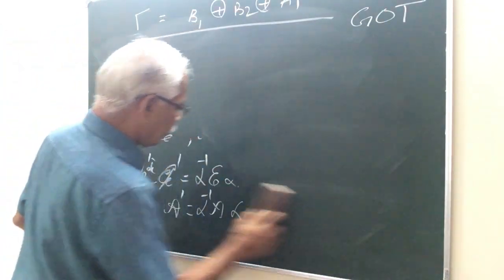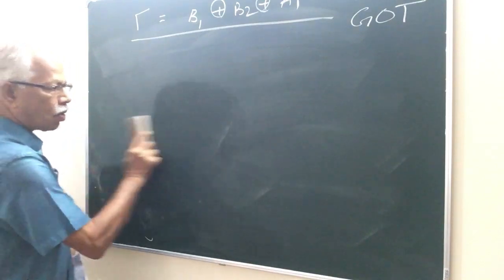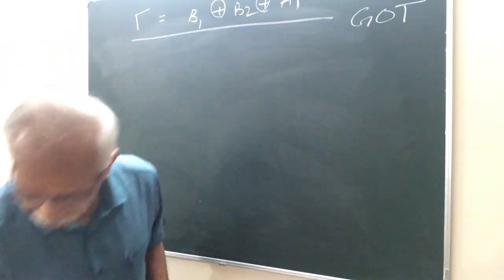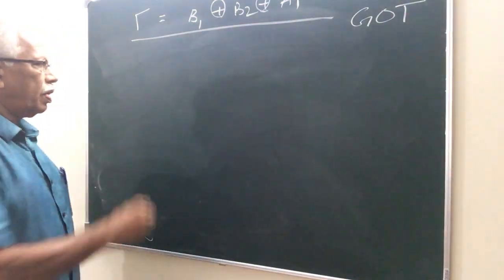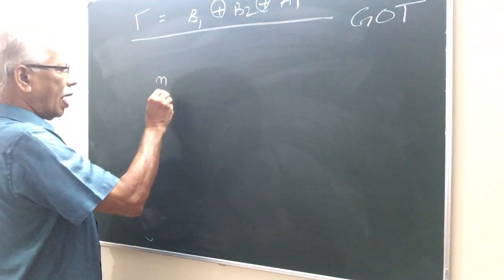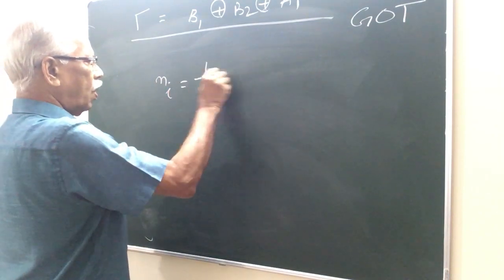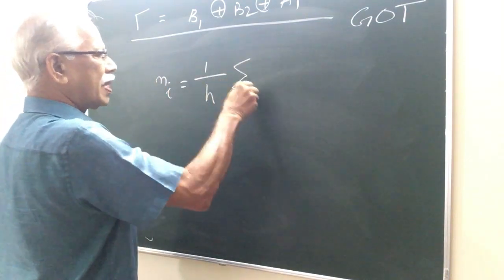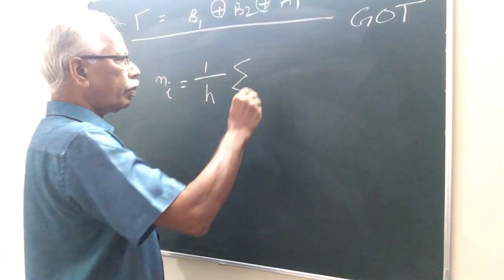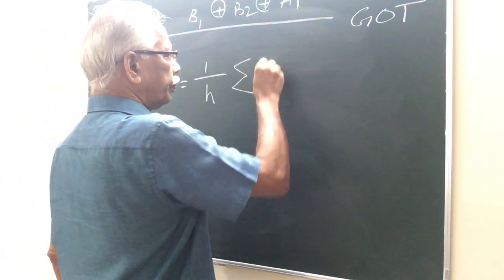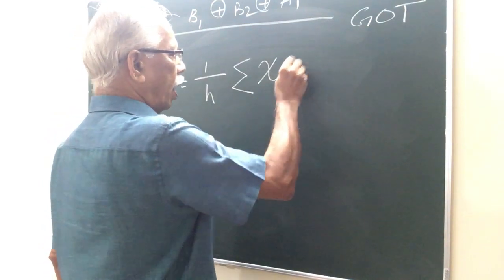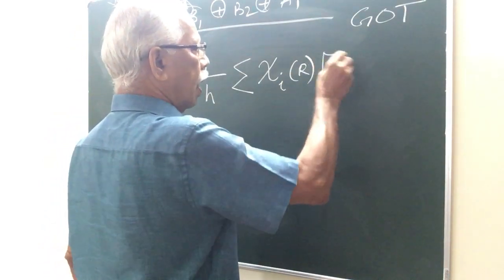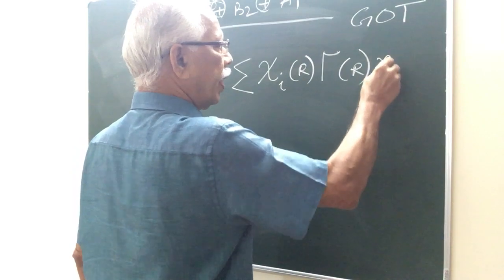This reduction formula, which is a direct consequence of GOT, is mathematically written as follows. Ni is equal to 1 by h, sigma chi i(R) gamma(R) N(R).